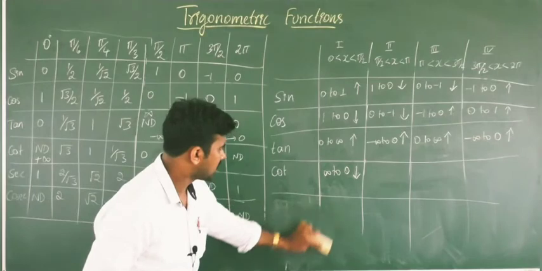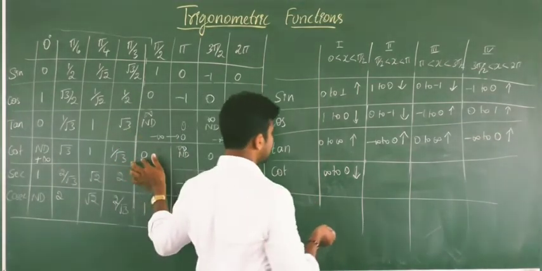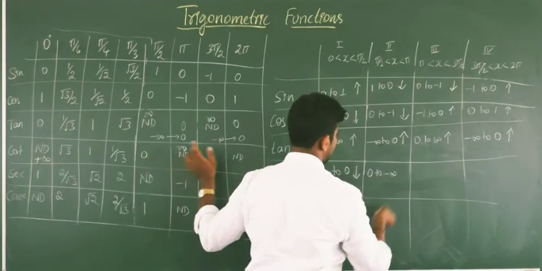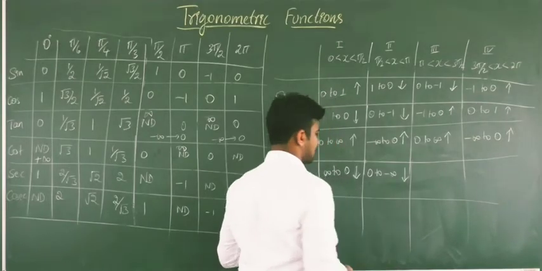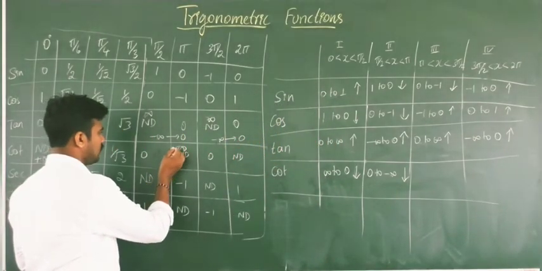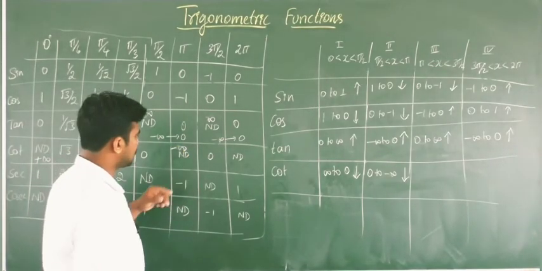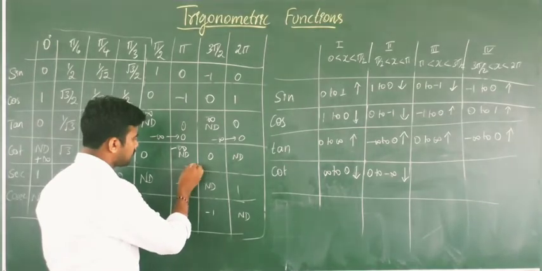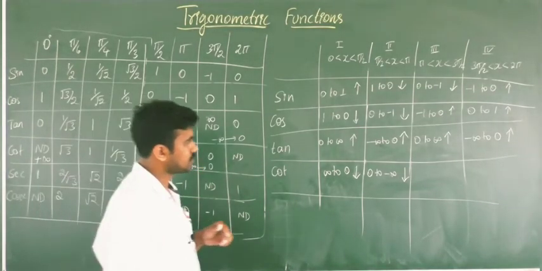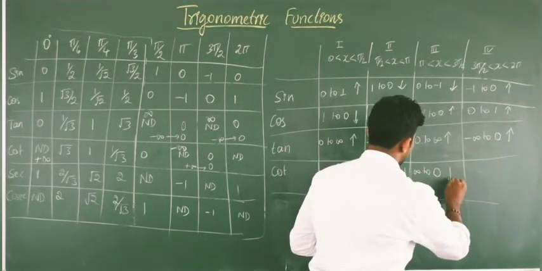Okay, in the same way, in the second quadrant, the cot function takes the value from 0 to minus infinity. Again it is decreasing. And in the third quadrant, plus infinity to 0, it is decreasing.